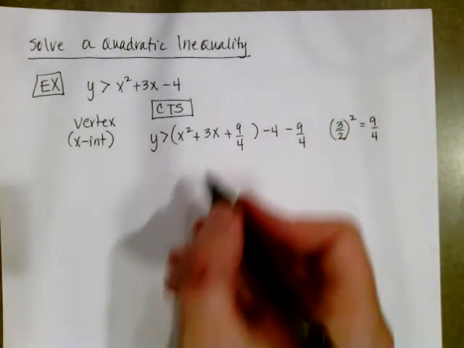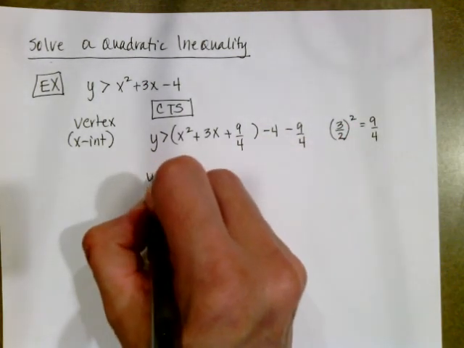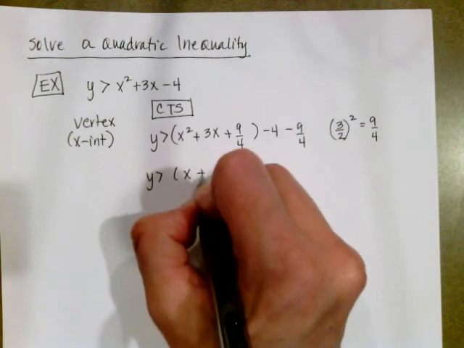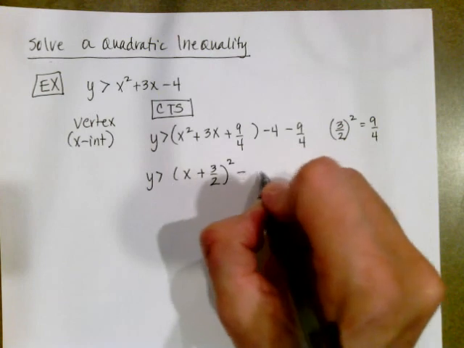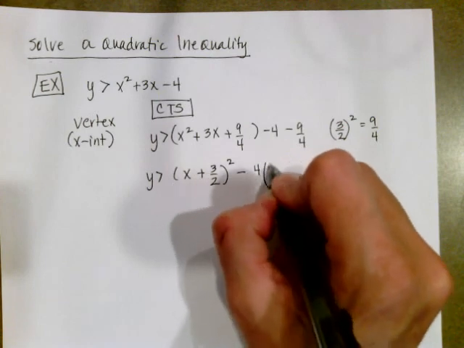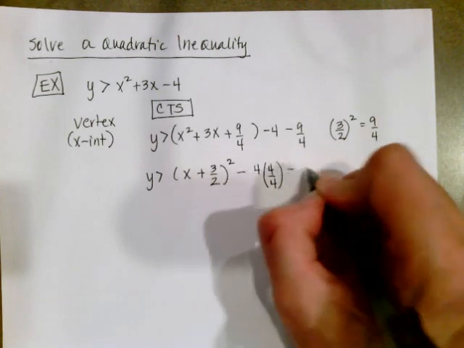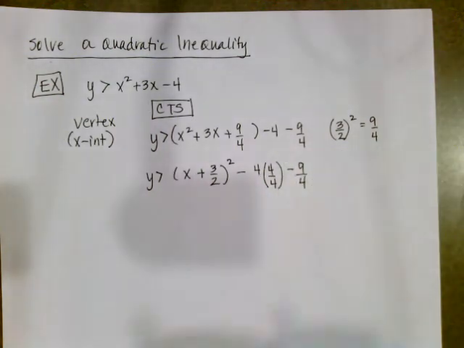Okay? Now I can factor the inside. The inside's going to be x plus 3/2 quantity squared. I need to multiply the 4 by 4 over 4 so that I can add the two fractions together.